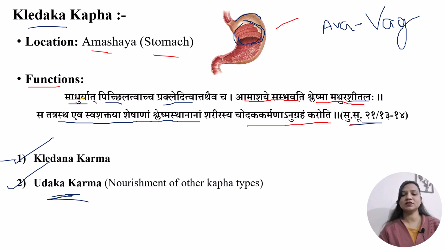In this region, mostly gastric glands are present in abundance, and these gastric glands secrete the gastric secretion, and by this gastric secretion the ingested food is moistened, softened and made into a soft bolus form, which is exactly the karma of Kledaka Kapha. So here we can understand Kledaka Kapha by the gastric secretions.